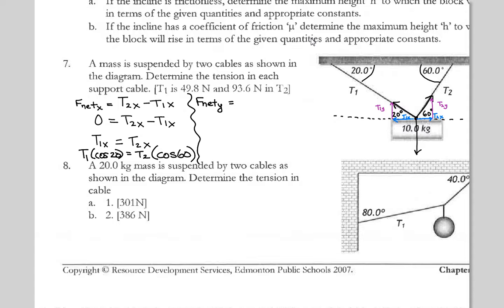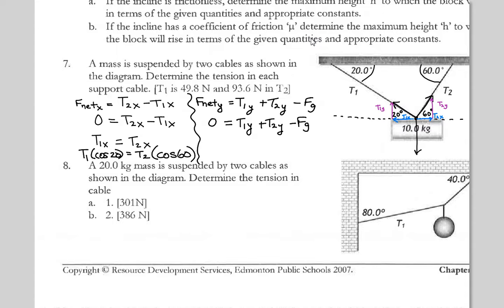Okay, so F net y is going to be tension 1 in the y plus tension 2 in the y minus Fg. Good. And we know that it's balanced, so F net is 0. So T1y plus T2y minus Fg equals 0.